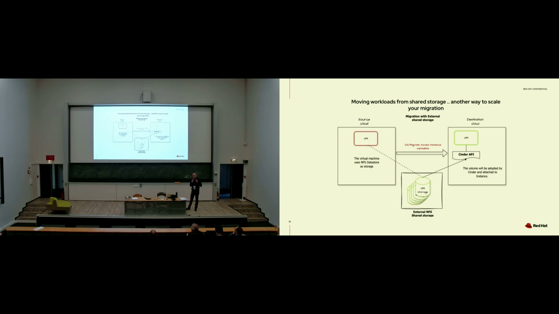We support that migration path for OpenStack to OpenStack as well, and we got some great feedback with this mechanism. We can also consume an NFS mount in the conversion host and just consume the local disk, which means you can prepare or move your storage and then do the conversion later.